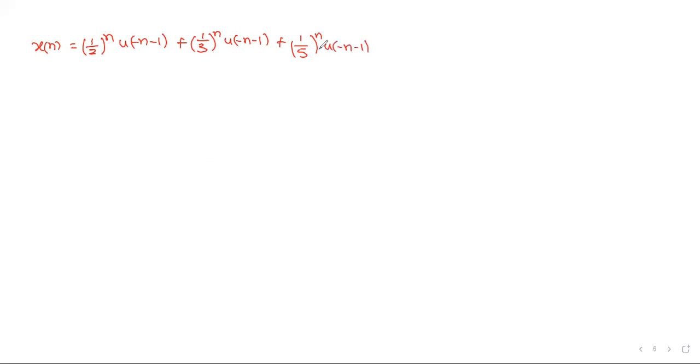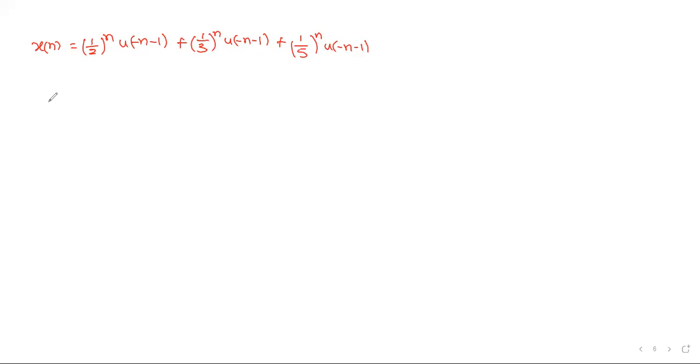What is the resultant ROC? Directly you need to say that 1/2, what is the value? 0.5. 1/3, 0.3. 1/5, 0.2. What is the inside of the innermost circle? It is 1/5, or we can say mod z is less than 1/5. That is the resultant ROC.